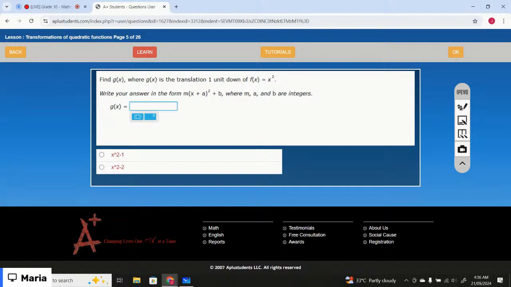Find g of x where g of x is the translation 1 unit down of f of x equals x squared. So which is the correct option?